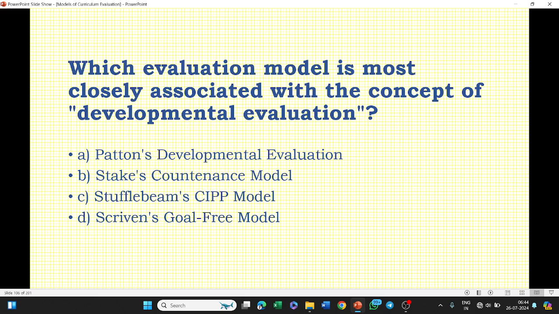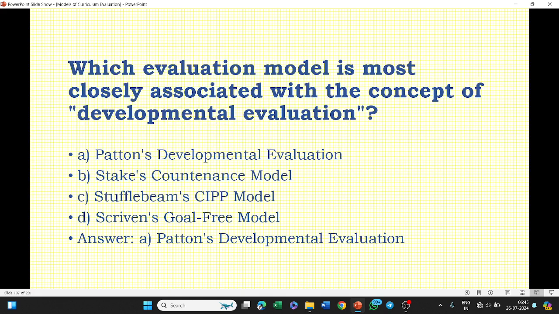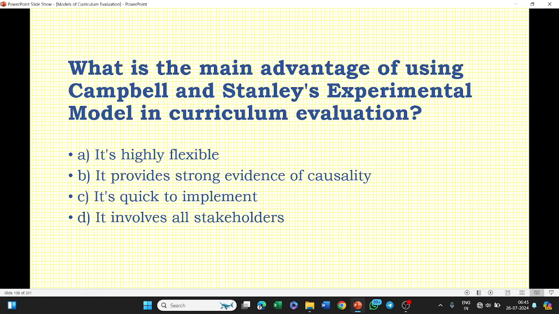Next, which evaluation model is most closely associated with the concept of developmental evaluation? Options: Patton's developmental evaluation, Stake's countenance model, Stufflebeam's CIPP model, Scriven's goal-free model. Answer of this question is option A, that is Patton's developmental evaluation.